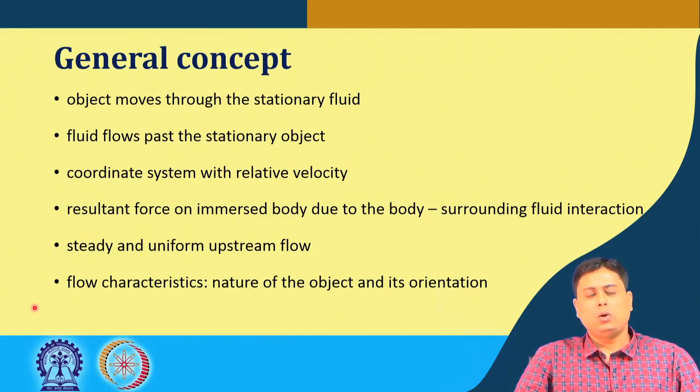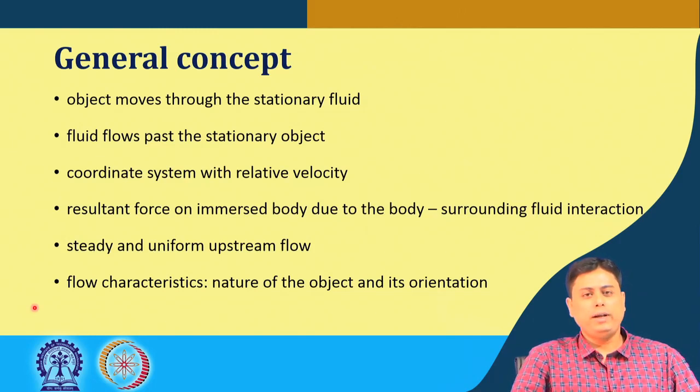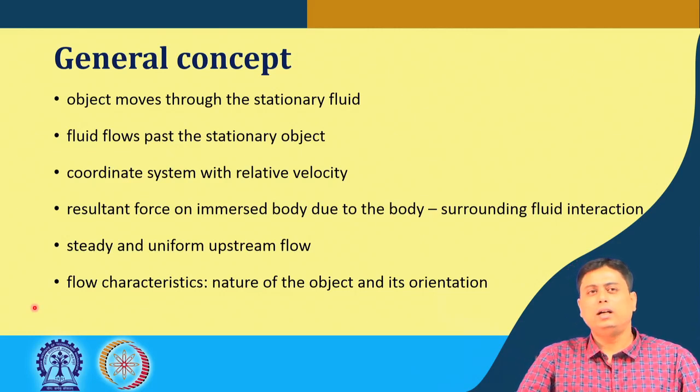Okay. So, basically we can determine a coordinate system by defining a relative velocity, so that both these systems can be treated as the problem of flow past an object.